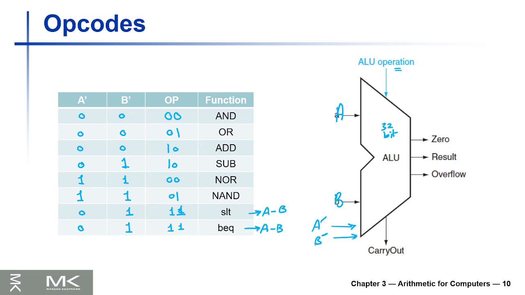So basically we are saying here that when you do set less than and branch equal, the hardware itself is exactly the same. Also for branch equal, we're gonna care about the final output of the OR gate, the 0 output. So we're gonna look at the 0 output in that case for the branch equal.